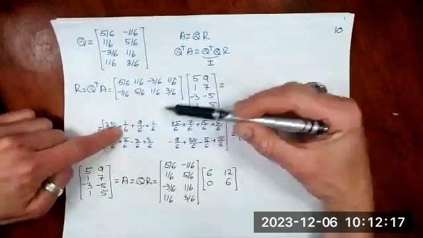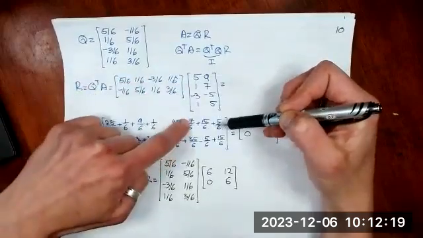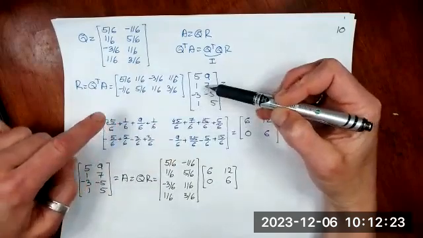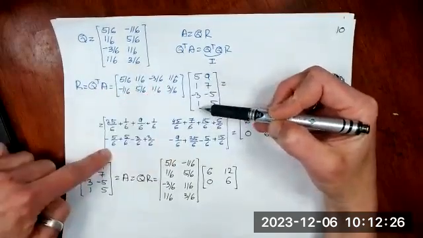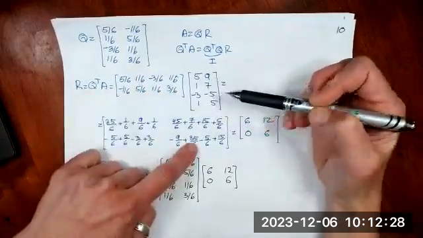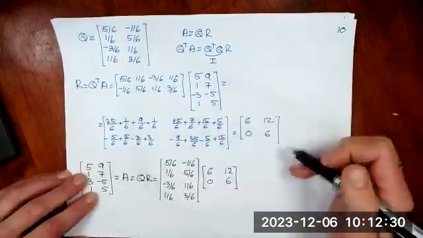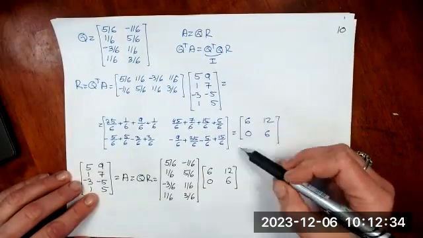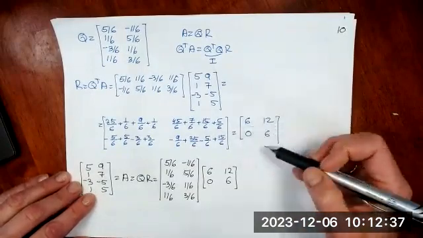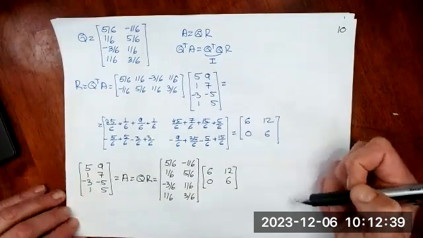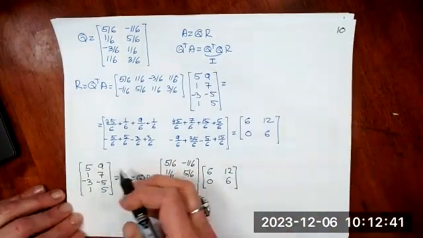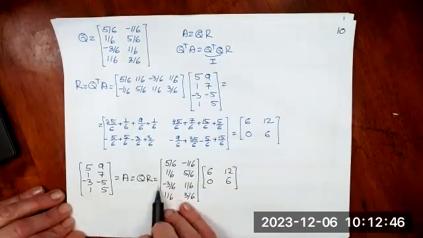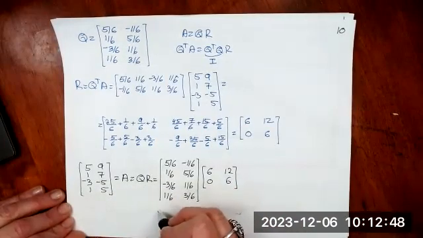You get this, then row by column to get the second component here, row by column to get this, and row by column to get that. Doing the arithmetic, you get 6, 12, 0, 6. So I have an upper triangular matrix R with positive values on the diagonal. Basically, we decomposed A into the multiplication of Q and R here.